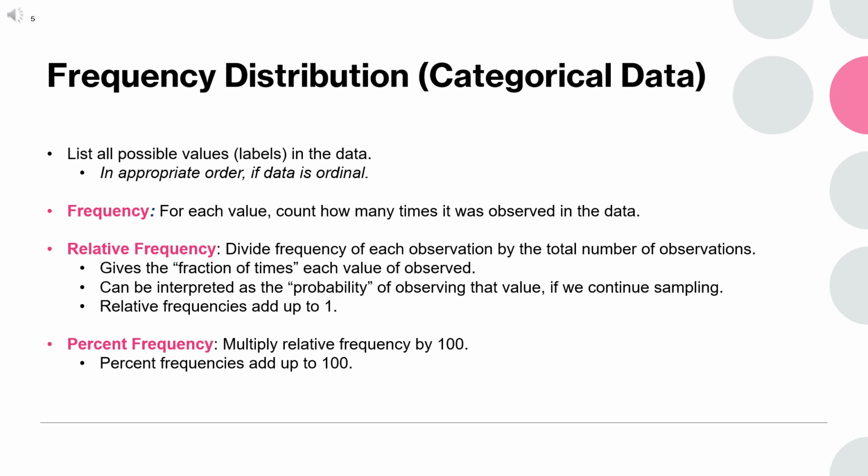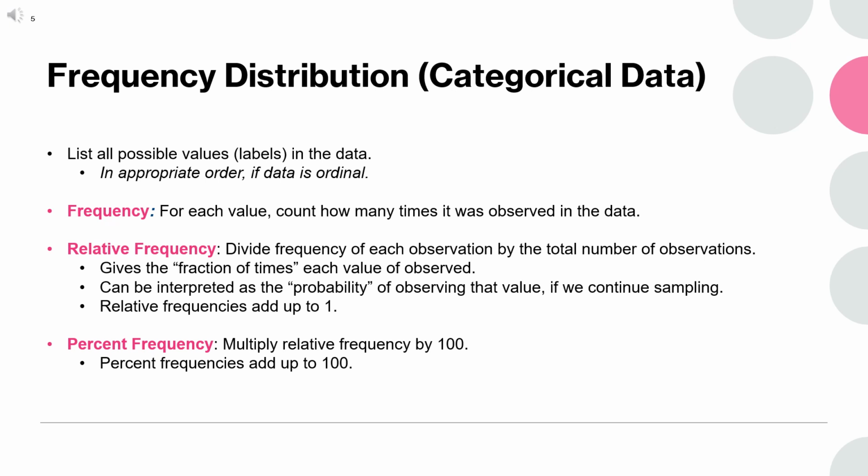To understand the significance of each frequency, we can calculate relative frequency. This is done by dividing the frequency of each observation by the total number of observations. The relative frequency gives us the fraction of times each value was observed in relation to the entire dataset.